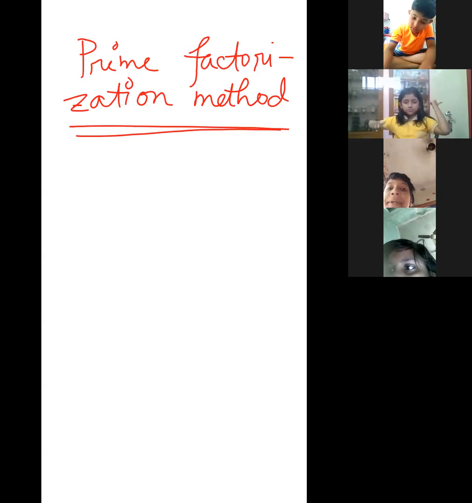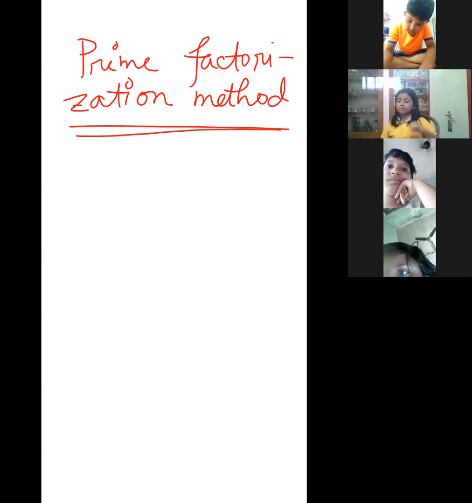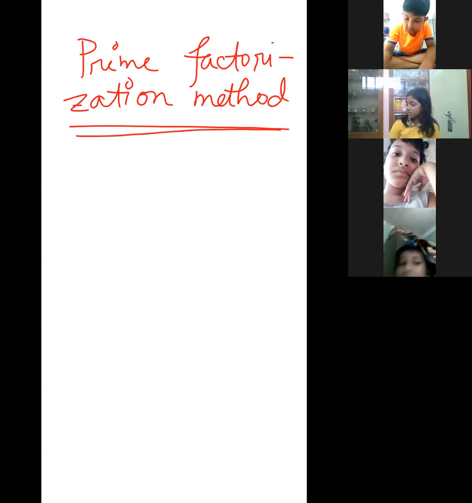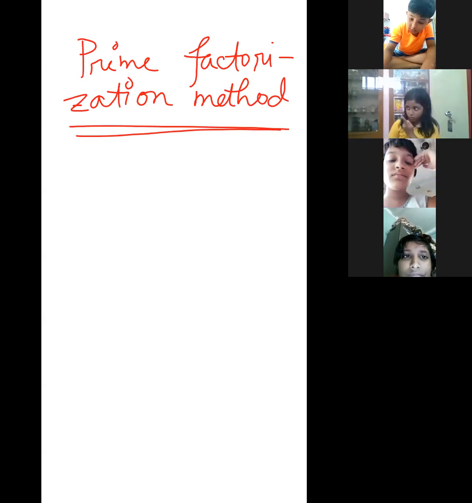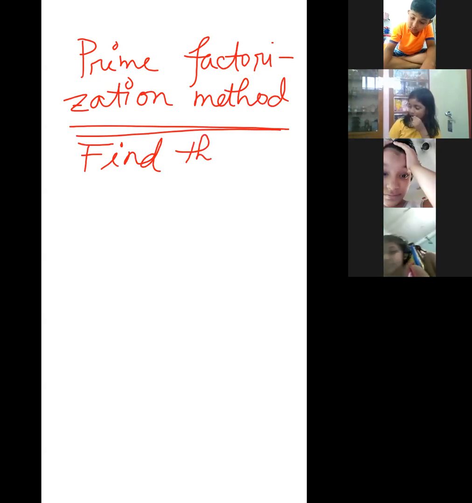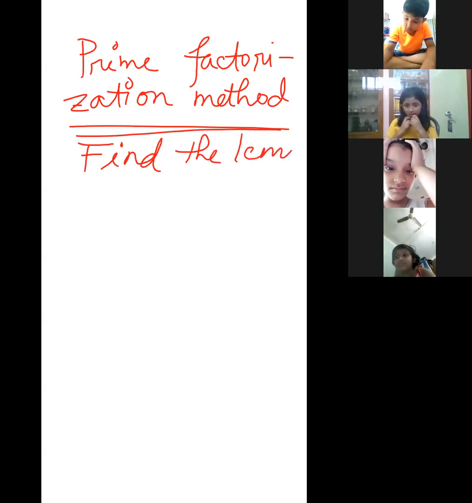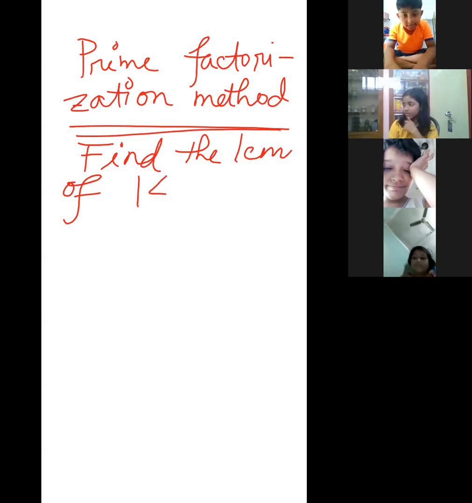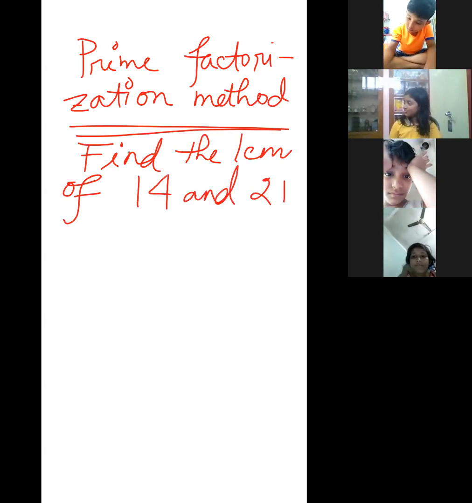Now write the question: find the LCM of 14 and 21. Now how to find the LCM by using the prime factorization method?